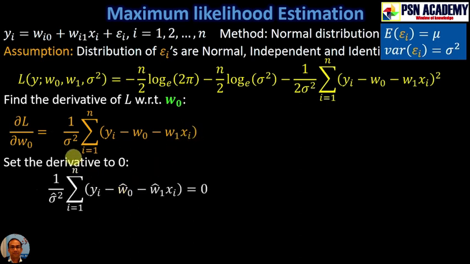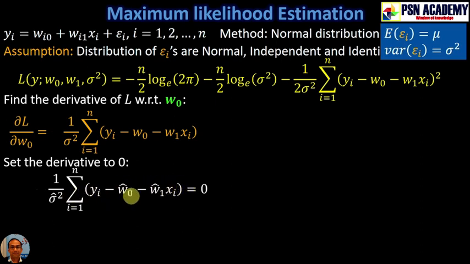So you set this 1 by estimated sigma square, because you are going to estimate now. So we change the sigma to sigma hat, and this yi will be there because this is a true value, but w0 will be our estimate. So we write w0 hat. w1 will be our estimate, so it will be w1 hat, and this xi will be xi because this is coming from the data set, and we set whole this thing to 0.